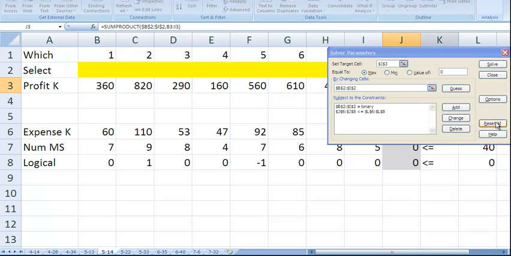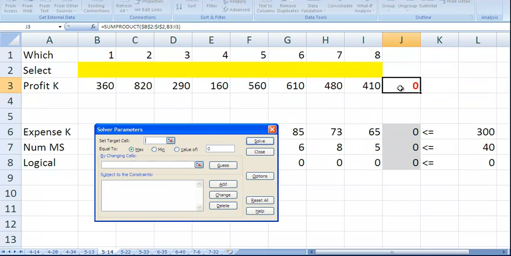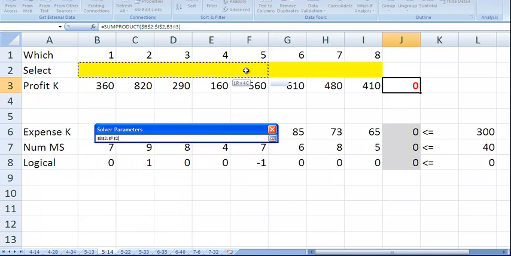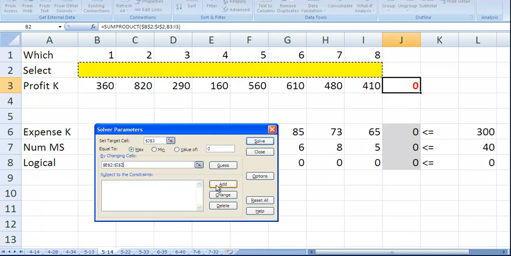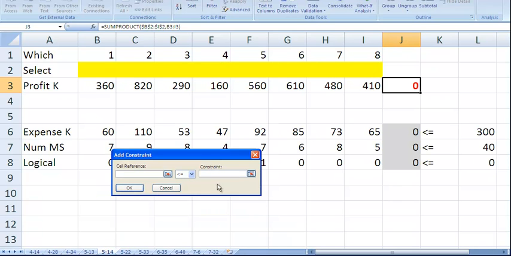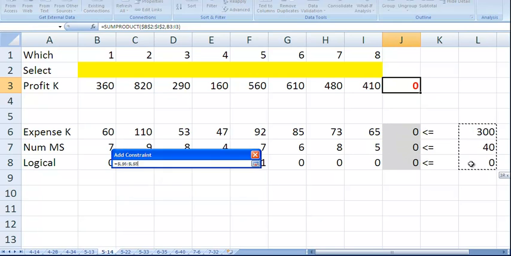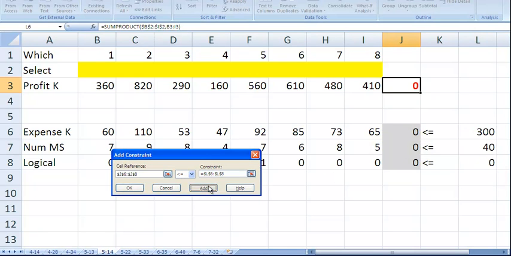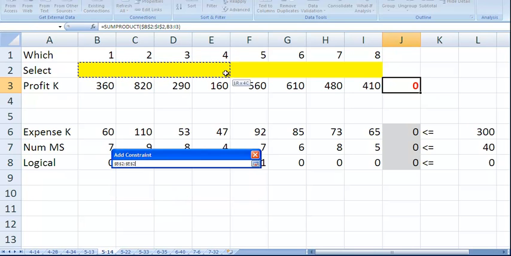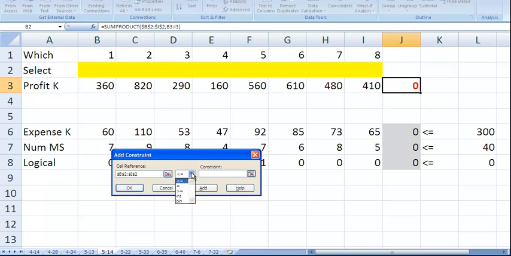And we can bring up Solver, reset all. Target cell: we'd like to maximize profit by changing cells. Subject to constraints, these are all less than or equal to, so left-hand side less than or equal to the right-hand side. Decision variables must all be binary.